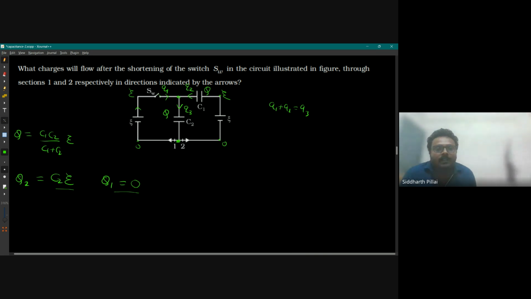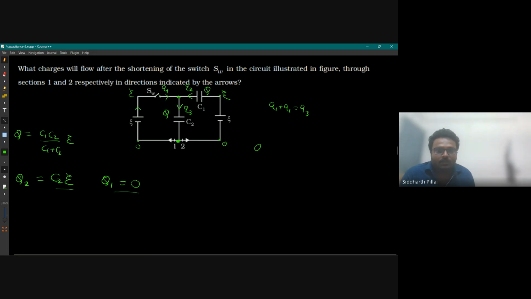Now, in order to find how much charge is flowing once you switch it on, you need to look at the differences. Initially there was some charge Q, which is given by this. To find Q3, the small q3, Q2 minus Q should be equal to Q3.